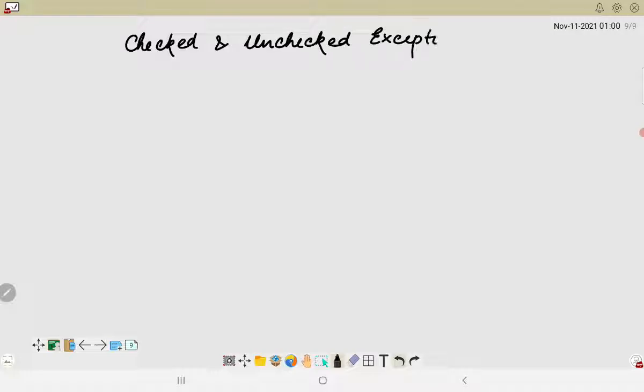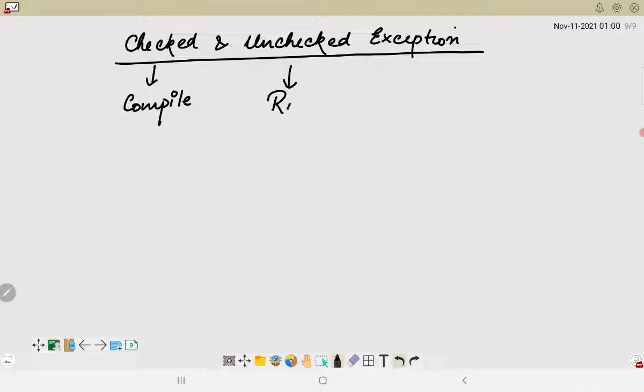So whenever we are considering this, there is a wrong concept, where we consider this as compile time exception and this as runtime exception.